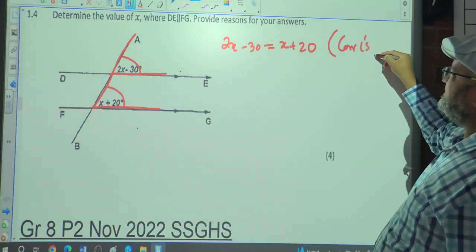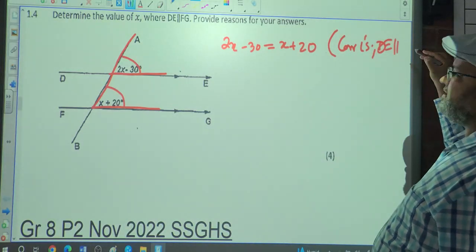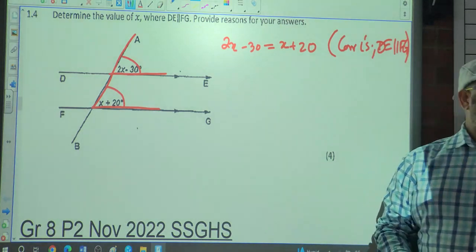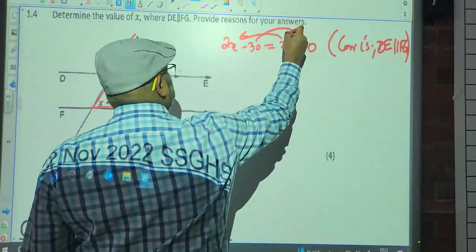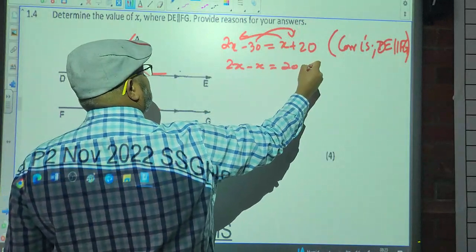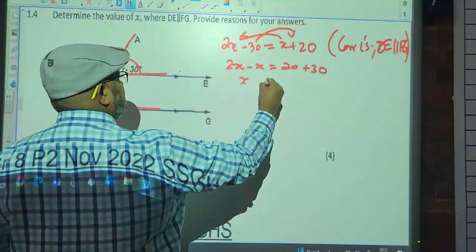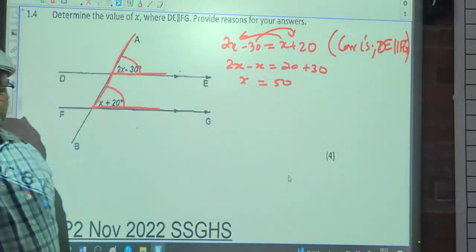It's corresponding angles, with DE being parallel to FG. Solve for x. So 2x minus x is equal to 20 plus 30. What is 2x minus x? x equals 50.